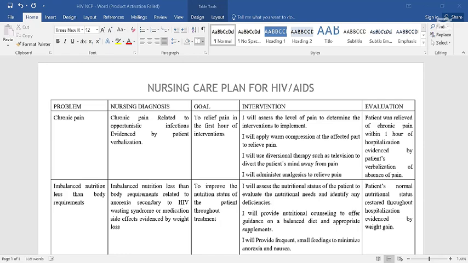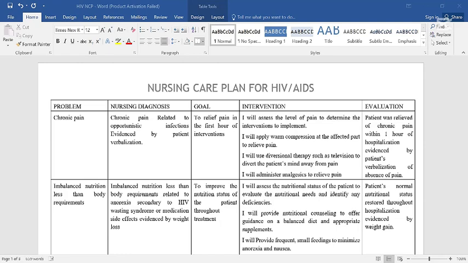And the next one is the goal. Our goal is to relieve pain in the first hour of hospitalization. So this pain should be relieved in the first hour, or you can go as far as 2 hours since it is chronic pain. Then we move to the interventions. Number one, I will assess the level of pain to determine the interventions to implement.